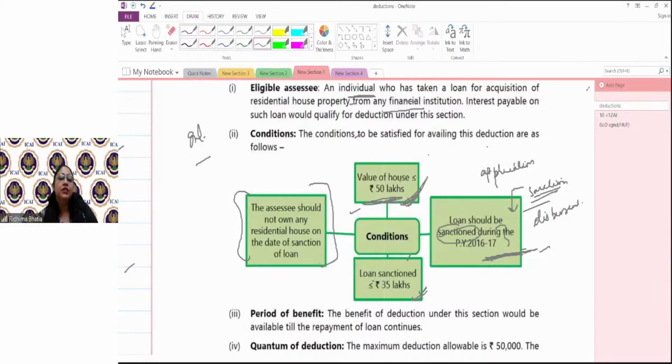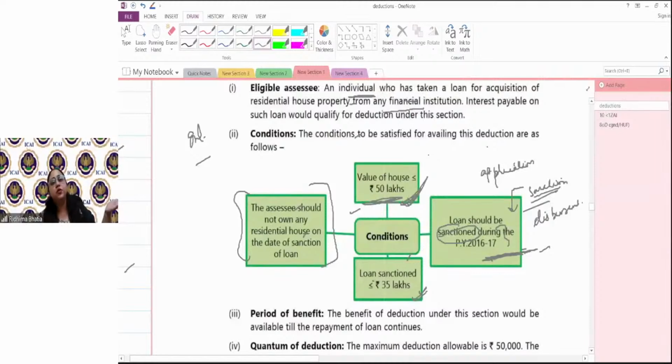The purpose was to motivate people to buy their house. But if a person already has a house, then 80EE is not for him, even if all these conditions are fulfilled. So whatever conditions you see on the screen have to be fulfilled in total, as in all the conditions have to be fulfilled.